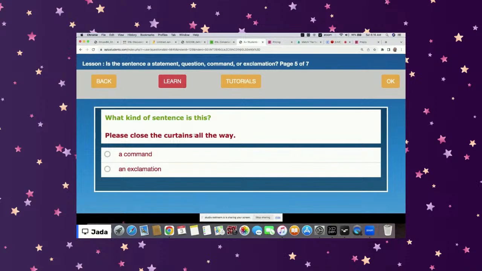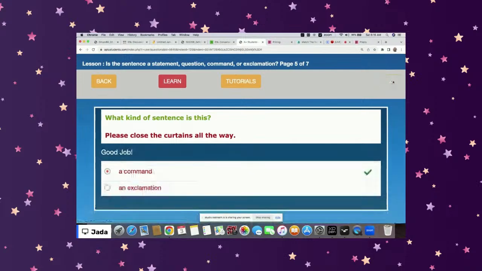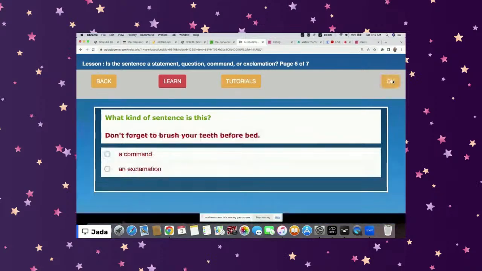It's the first one, guys, because exclamation always has an exclamation point. This does not have. This is telling you to do something, so it's a command. Okay? Don't forget to brush your teeth before bed is also a command.